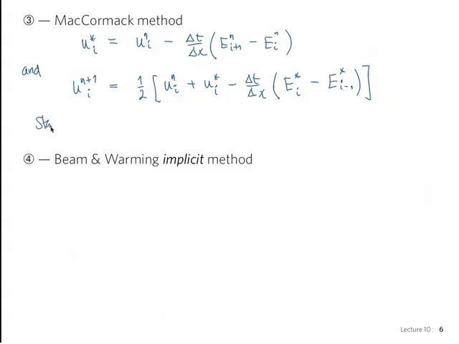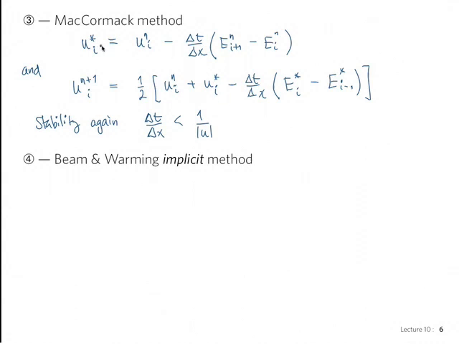This one, you have another requirement for stability, which is, again, that delta t over delta x has to be smaller than 1 over the absolute value of the solution. What's E star?